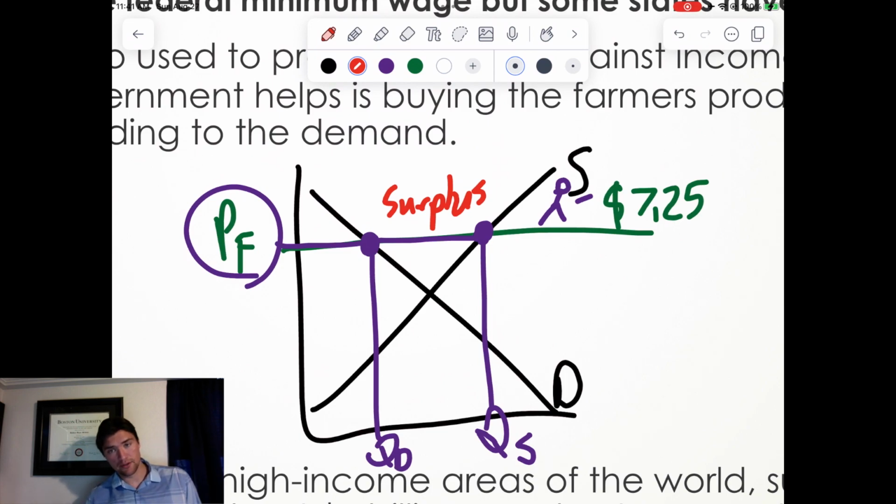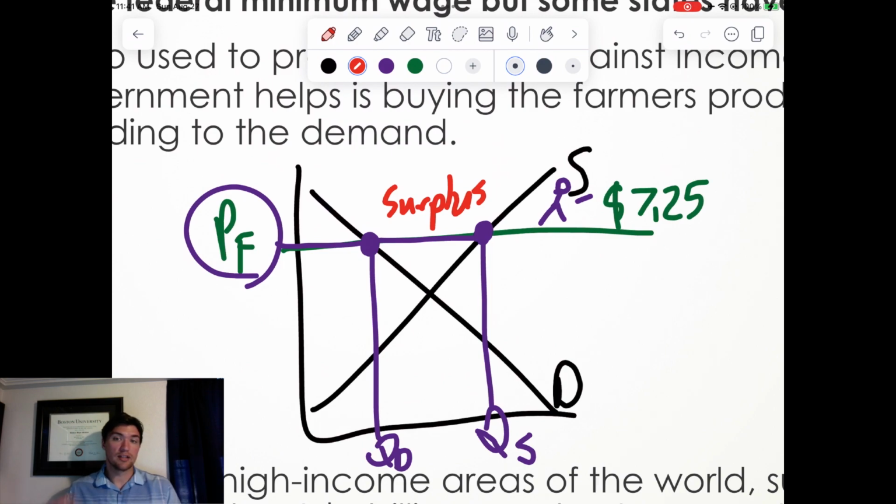Most of the time, they will pay the farmers for this surplus. They say, you know what, here's some money, I'll buy the surplus from you. And then the government can do whatever they want with the surplus. Maybe they'll sell it to another country, maybe they'll make some sort of government program out of it, or maybe they'll just destroy it.